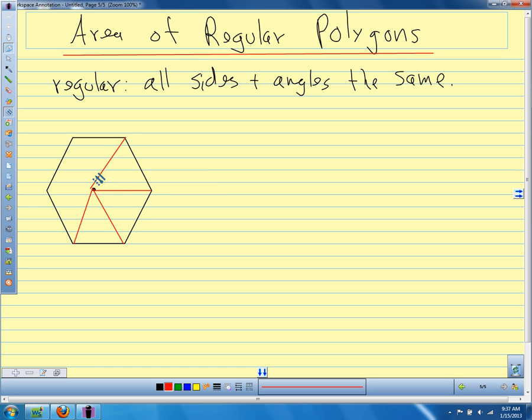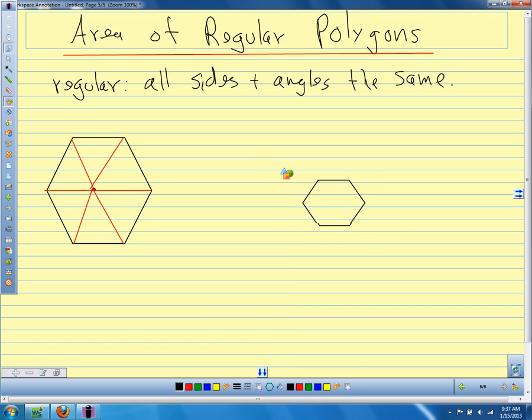And we talked about this with circles the other day a little bit. We divide our polygon into triangles, and then we just add up the area of all of the triangles inside the polygon. So that's where our formula comes from. And again, we'll go into more detail on block day.